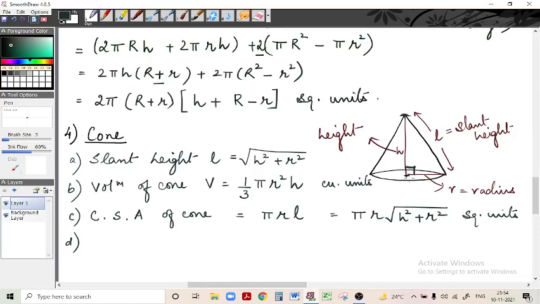Now total surface area. Total surface area is curved surface area plus area of the base.